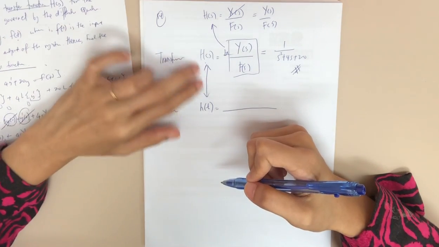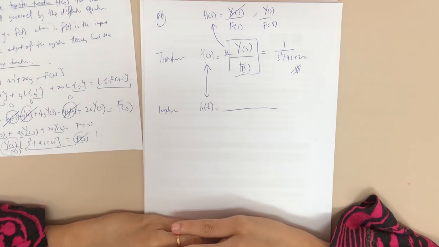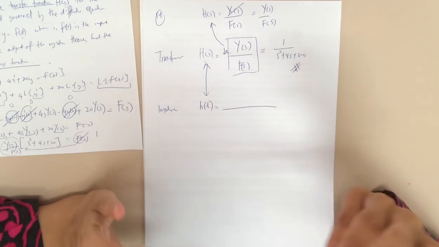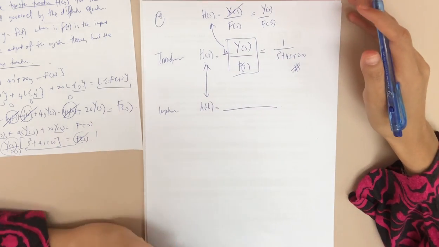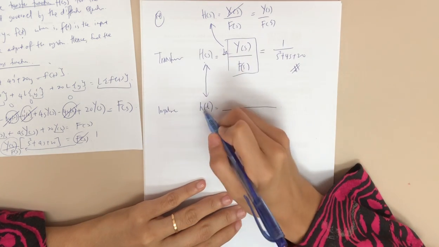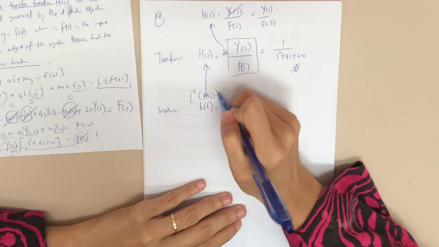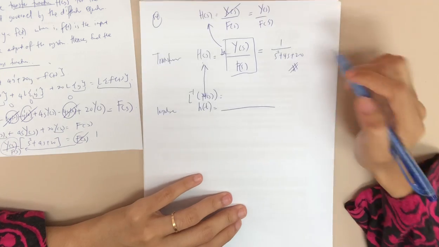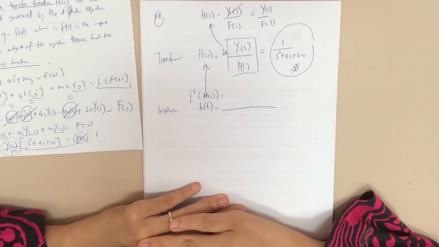So what's the relation between these two? Yes, correct. Even though I didn't hear any voice from you, I think most of you can answer it. You need to do the inverse. To get your h(t), you need to inverse H(s). You need to inverse this equation so that you will get your h(t).